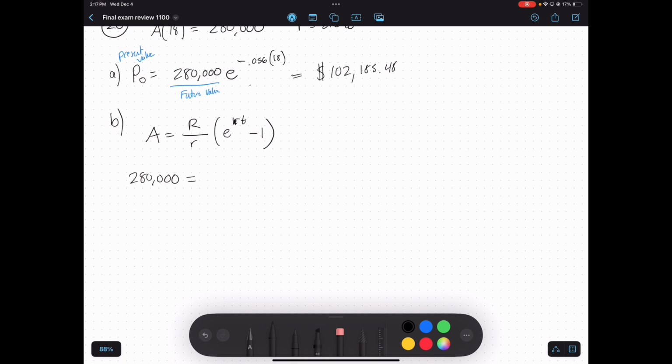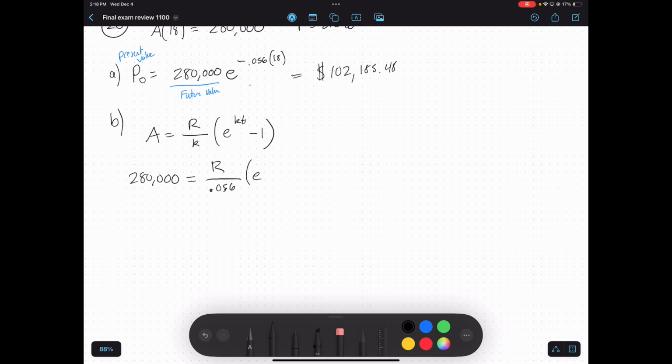What do we plug in for capital R? Your income, which we don't know yet, right? This represents my continuous income stream, which is what we're solving for. What do we plug in for little r? I really should switch this, because on your formula sheet they use K, but it represents the same thing. It represents your interest rate. What do I plug in for K? 0.056.